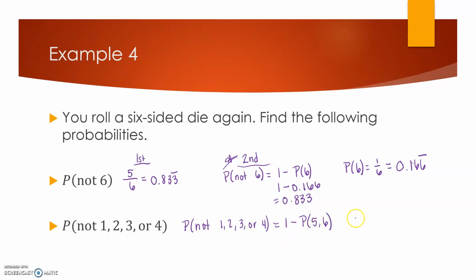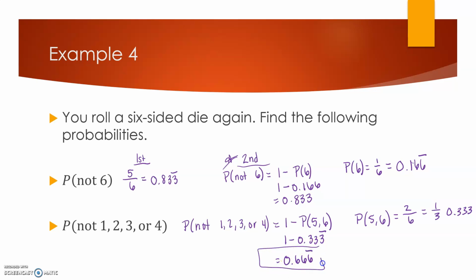The probability of getting a 5 or a 6 is going to be 2 out of 6, or 1/3, or 0.333. So 1 minus 0.333 repeating is 0.666 repeating. And this would be our probability.